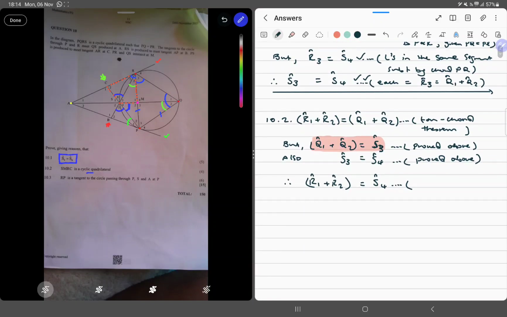Okay, so what do we know now? We know that each is equal to effectively Q1 plus Q2 equal to S3, because that was the link to all of this business. Okay, we can put them there.